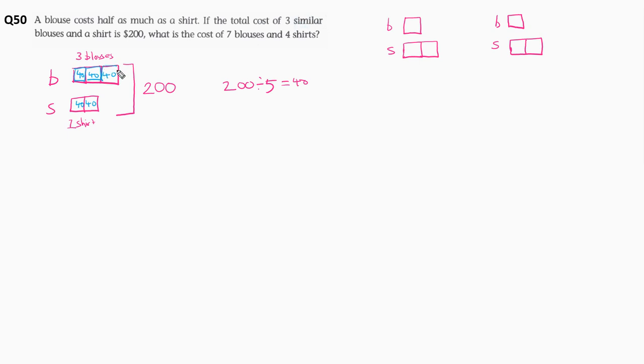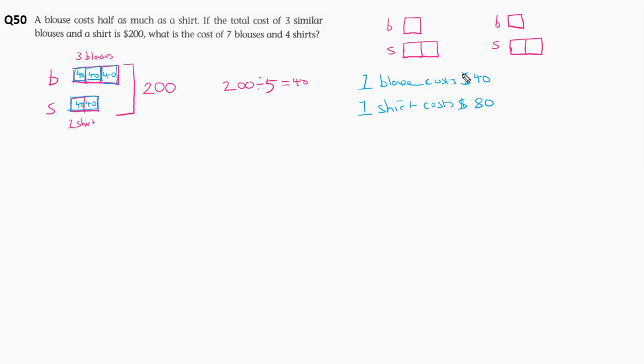Okay, be clear of what that represents. And this is a shirt. So we can see that one blouse costs 40, okay, and one shirt costs, well, that's 40 plus 40 or 40 times 2, which is 80.